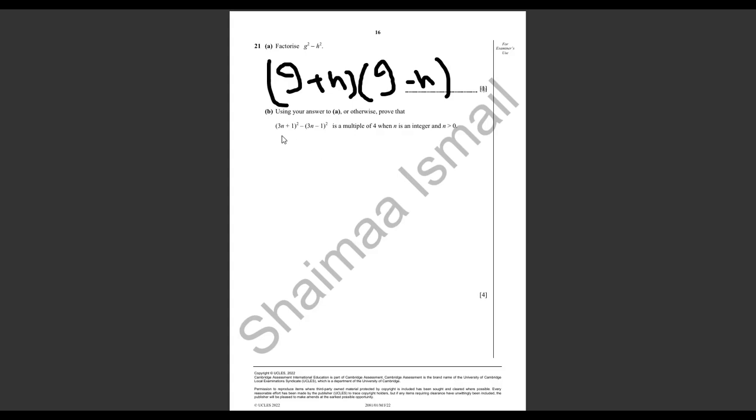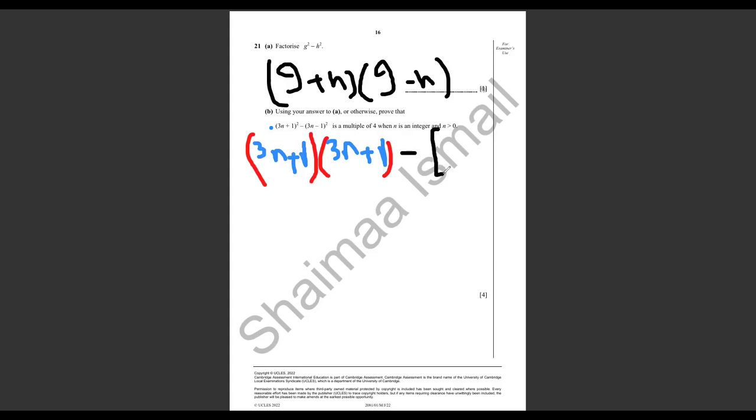Now we are going to expand these brackets. This is 3n plus 1 squared minus 3n minus 1 squared. Let's do this. So we're going to say 3n plus 1, 3n plus 1. We just expand it into brackets like this. Ready, set, go.